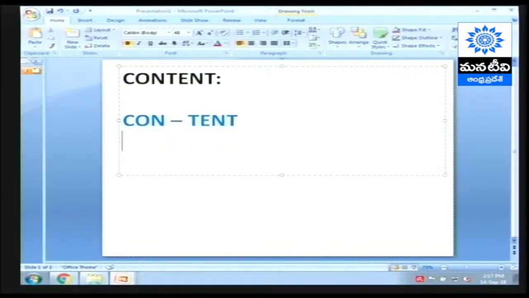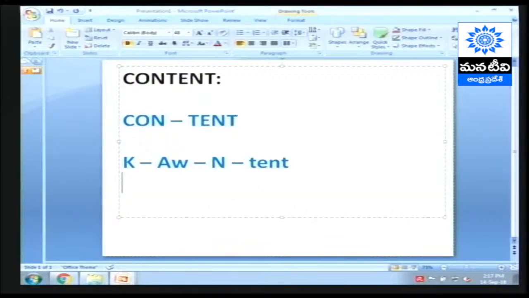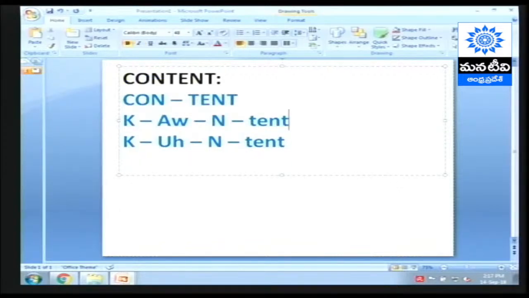Now, I can either pronounce this as c, o, n, t, e, n, t. I can either pronounce this as CONtent or I can pronounce this as conTENT. So, content, content. We don't really understand what to be used where. That is where we make a mistake.